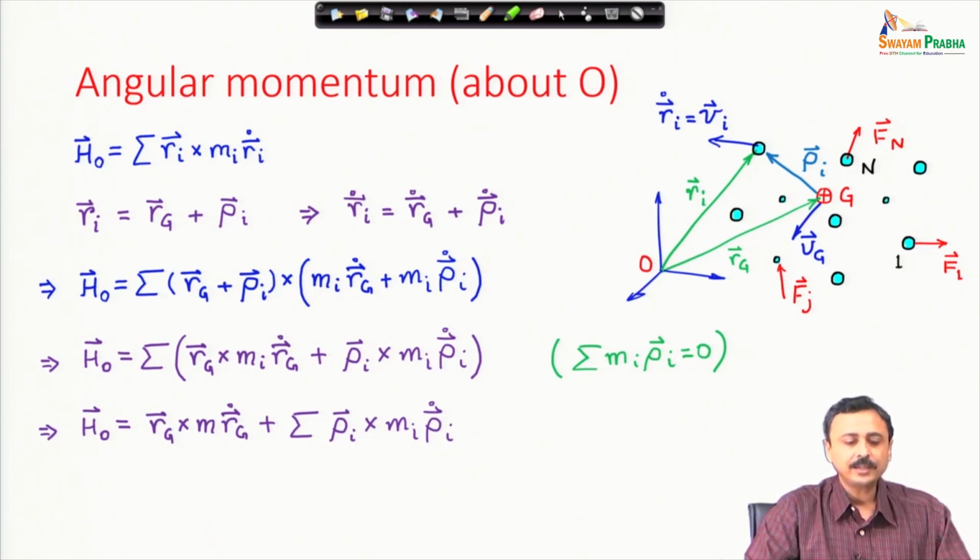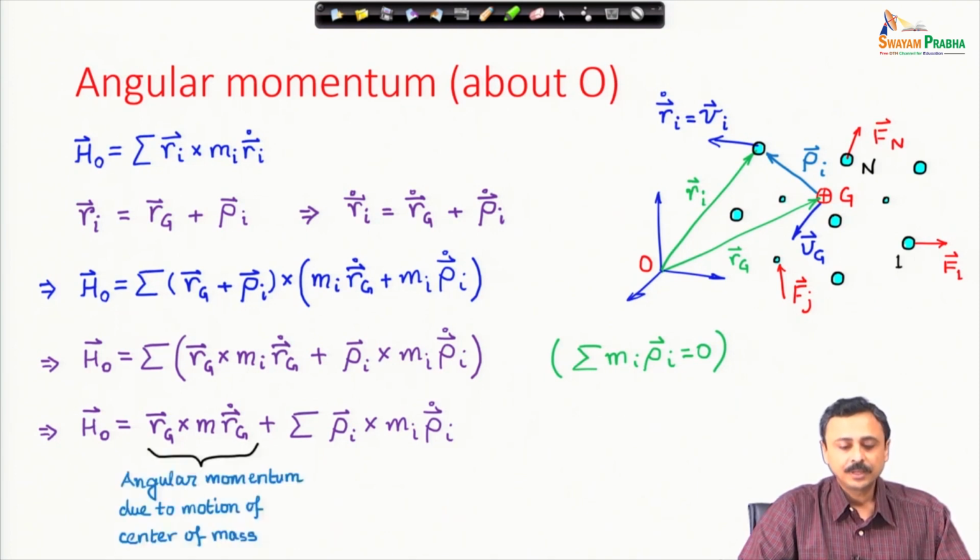I can therefore write it as r g cross m r g dot, which is the velocity of the center of mass, plus this, which is because of the relative angular momentum. The first term on the right hand side is the angular momentum due to the motion of the center of mass.